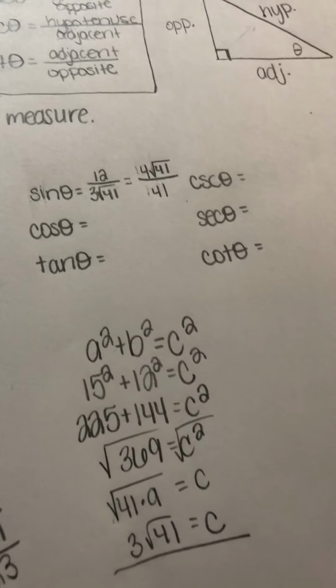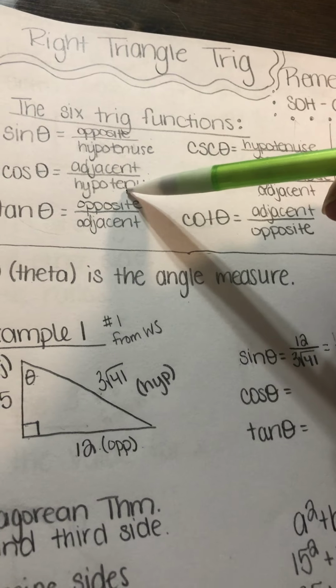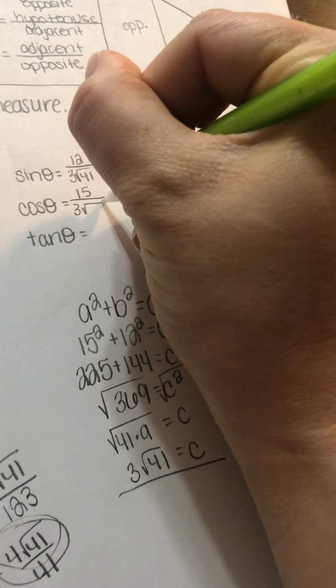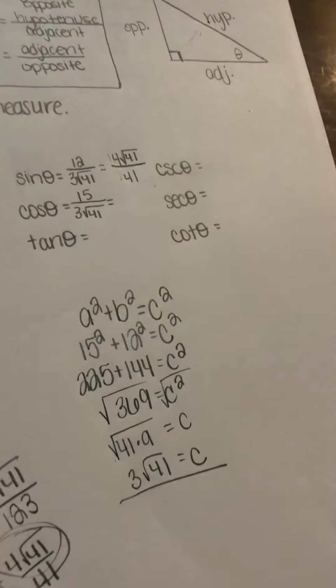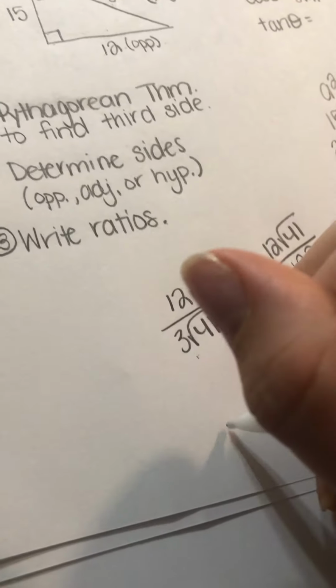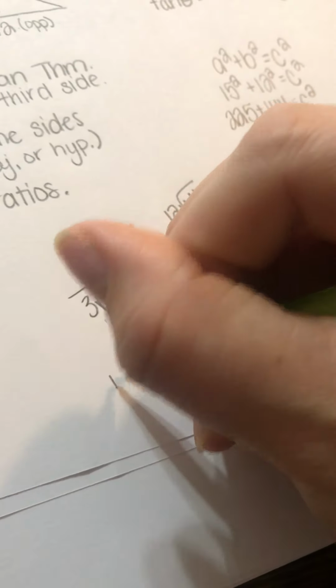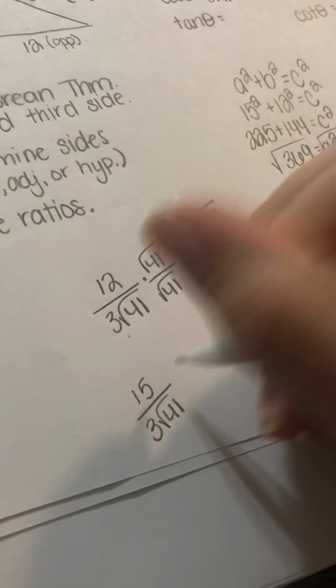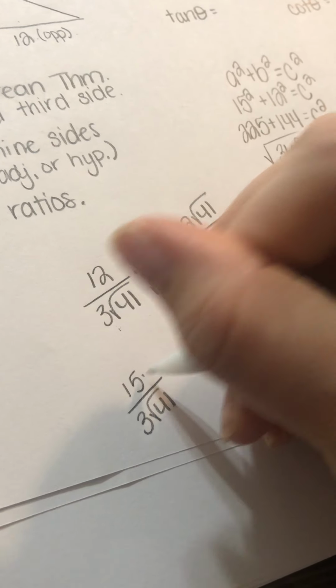Okay, once we find that, cosine is adjacent over hypotenuse, and we said adjacent is 15. So it'll be 15 over 3 square root of 41. Now we're going to have to rationalize that. So the same way we did this, we'll have 15 over 3 square root of 41. So you essentially just bring this to the top.